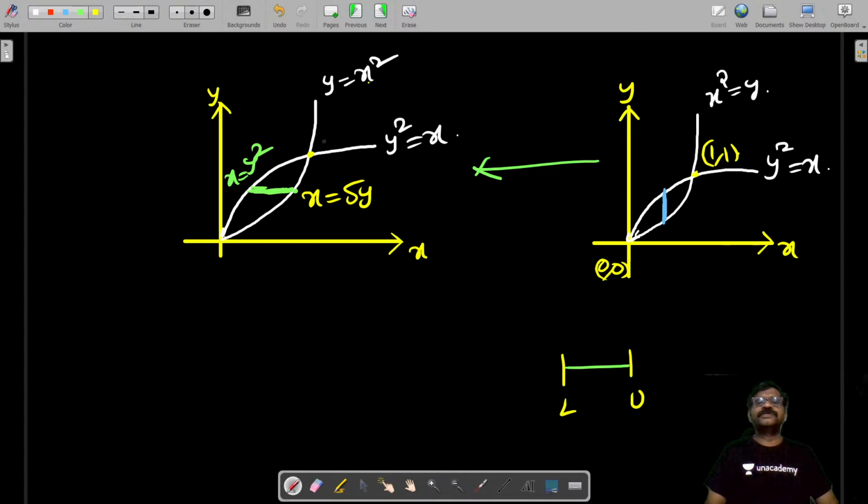This point is 1 comma 1. This point is 0 comma 0. Whenever you fix a horizontal strip, you have to move the horizontal strip in the vertical direction. That's why here y equal to 0, here y equal to 1.